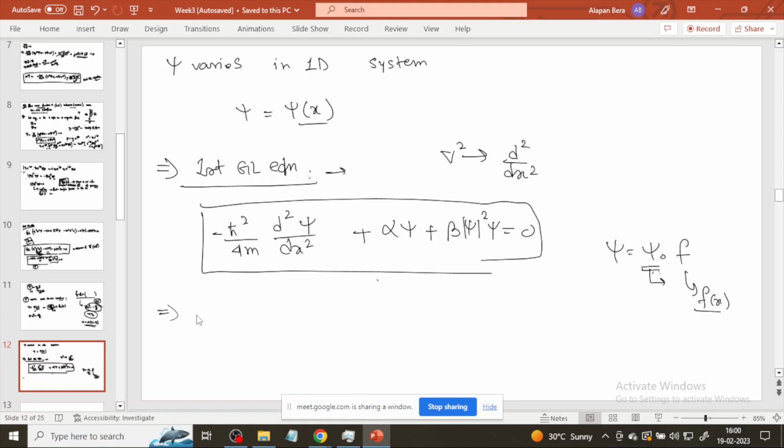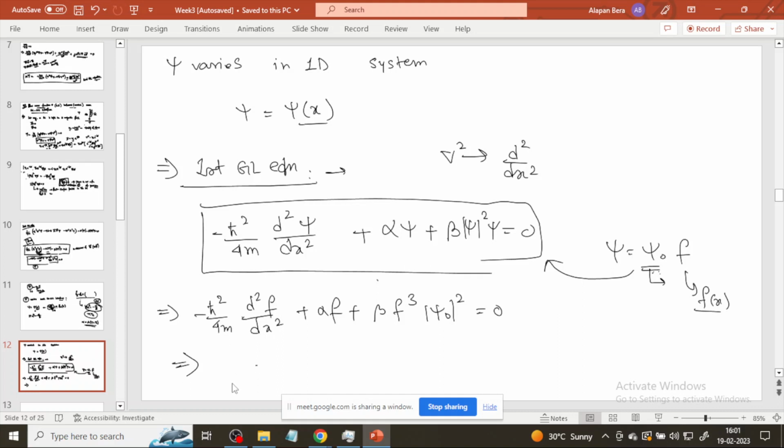Now substituting this, we get minus h square by 4m d square f by dx square plus alpha f plus beta f cube times psi naught square. Put this term there and you will see this. Or you can write it as some term.